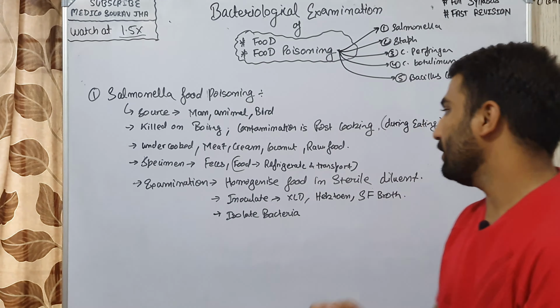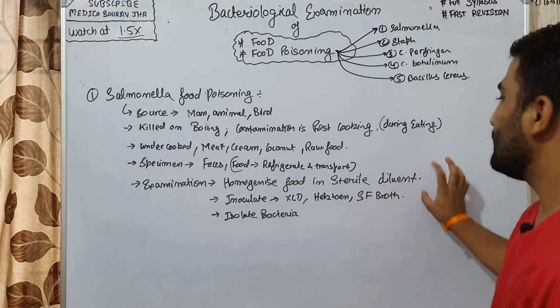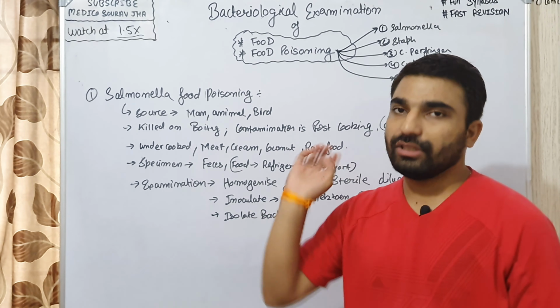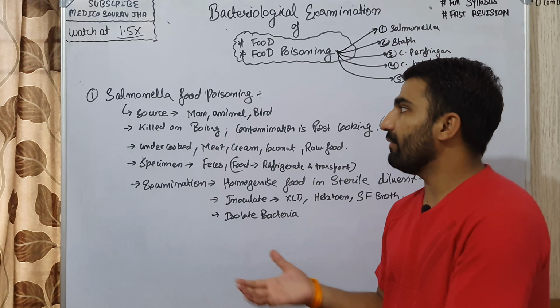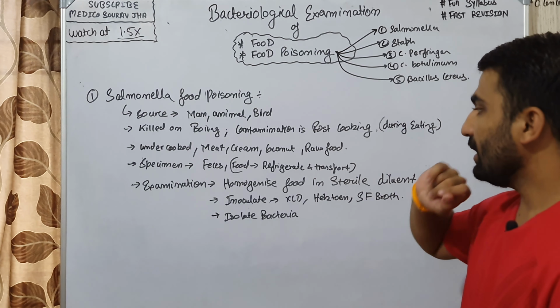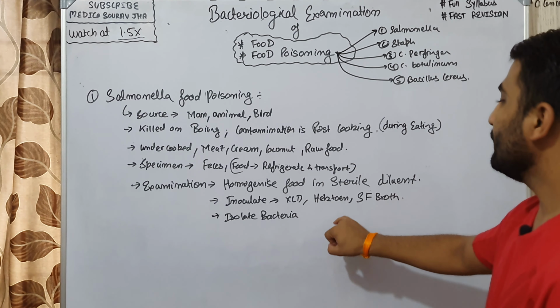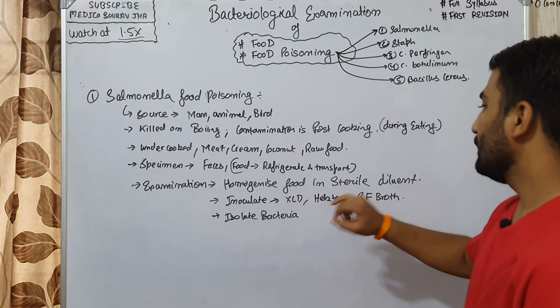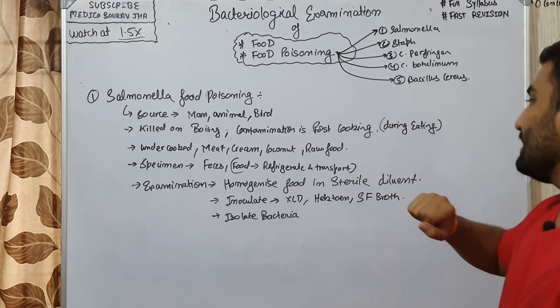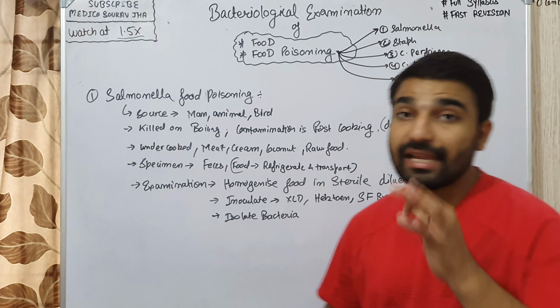What kind of examination can we do here? Homogenize the food in the sterile diluent. This is the standard step to be followed in each and every examination of food poisoning. Second is inoculate in XLD agar, xylose lysine deoxycholate, and hectoen agar, and third is selenite F broth.